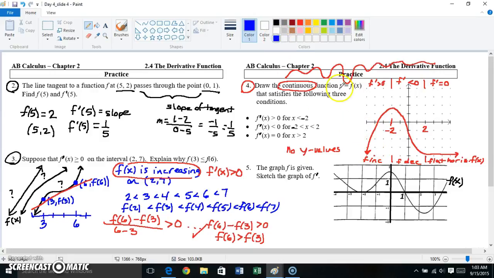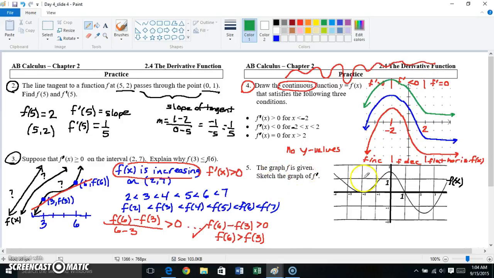And that graph could be higher or lower because we don't know any y values. So it could just be a shift. All right, any of those could be f of x.